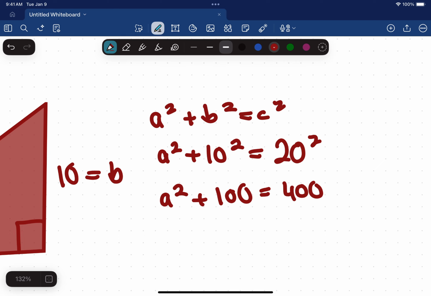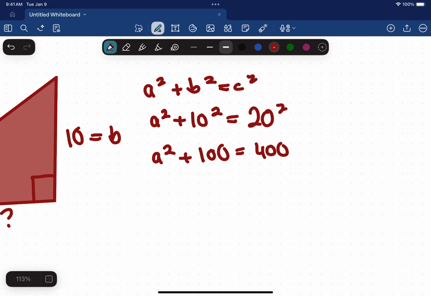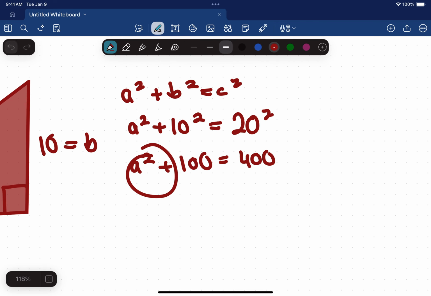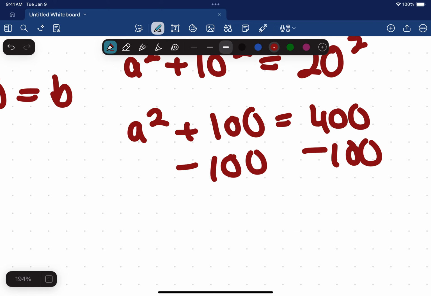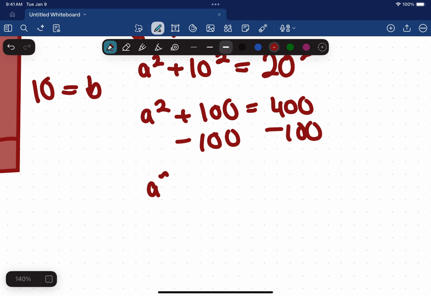Now, like I said, back in algebra, we want to isolate the unknown variable. We have 100 on this side, and we have 400 on this side. In order to isolate A squared by itself, we will subtract 100 on both sides. That leaves us with A squared equals 300.